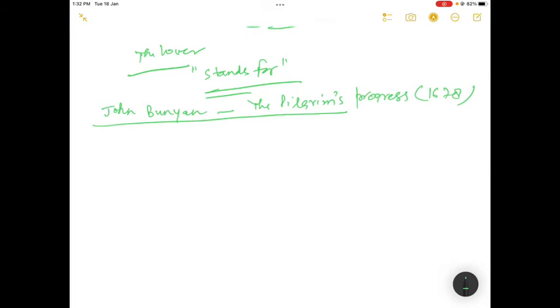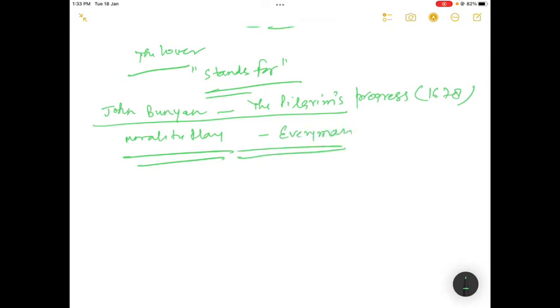Or you can take one 15th century morality play, and it is an anonymous text. Authorship is not known. Everyman, the name of the play is Everyman. And we have here the characters like knowledge, beauty, strength, death, representing something.